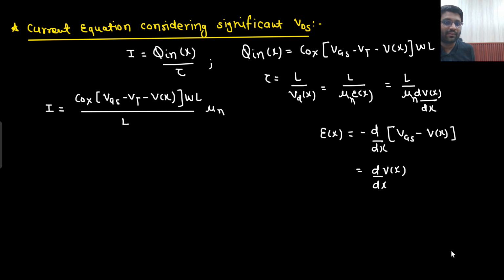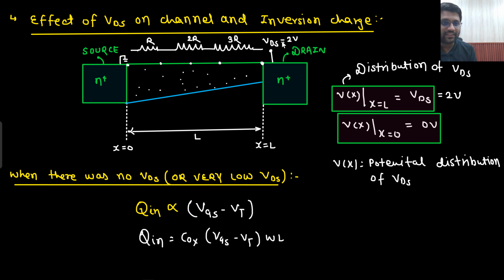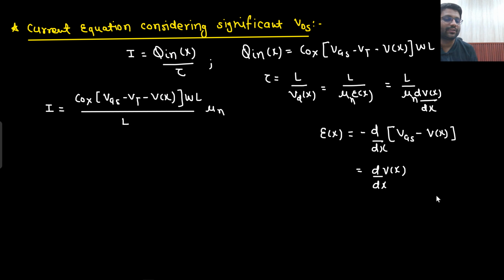Or you can think about why the electric field is becoming a function of x. If VDS was low, then the electric field was not a function of x. But now VDS is significantly high, so the distribution of VDS has become a function of x. Because of that, the electric field has also become a function of x. Is that understandable now? I hope it is.